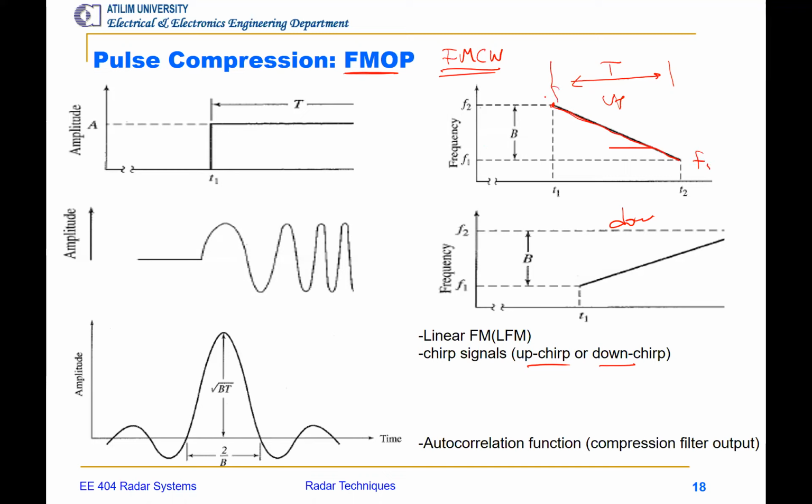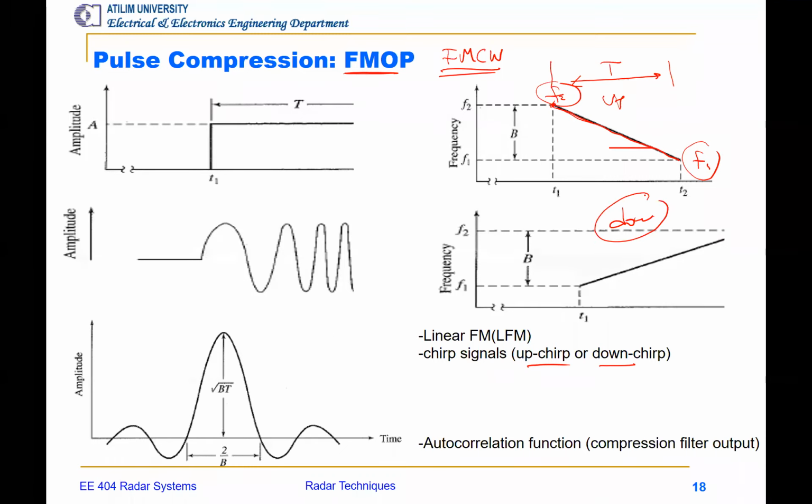So the frequency of the pulse at the start point is quite a bit above the frequency at the end of the pulse. In up chirp, it's the opposite of down chirp.